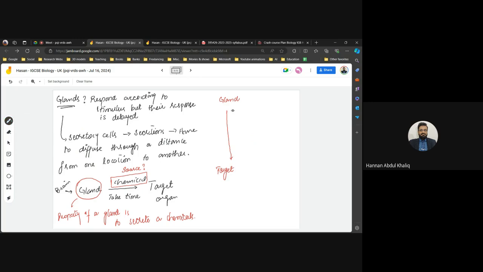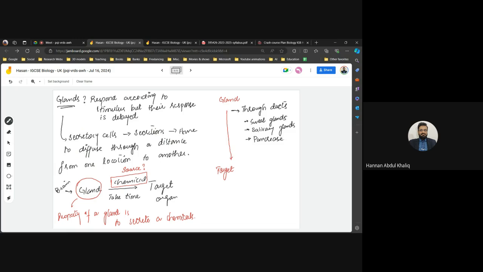Number one source is through ducts, like sweat glands, salivary glands, even pancreas, because it has a bile duct, if you remember, and it transfers the pancreatic juice to the intestine.